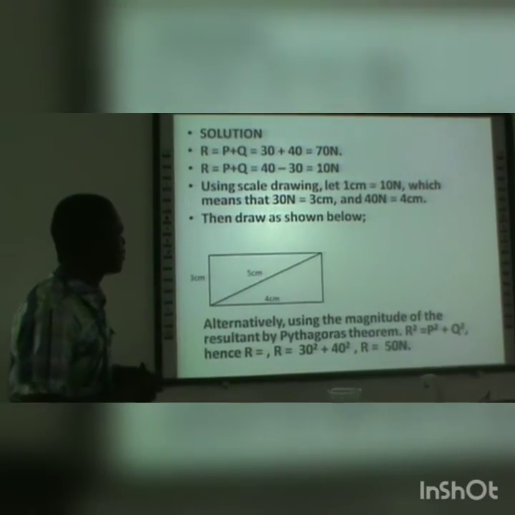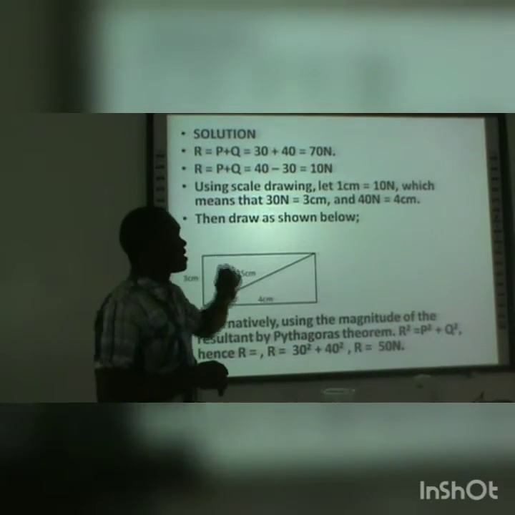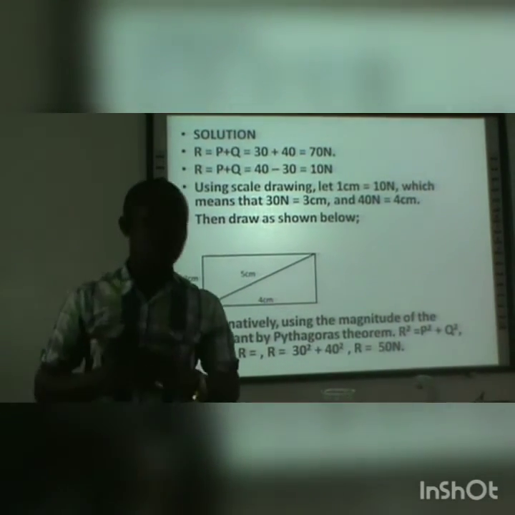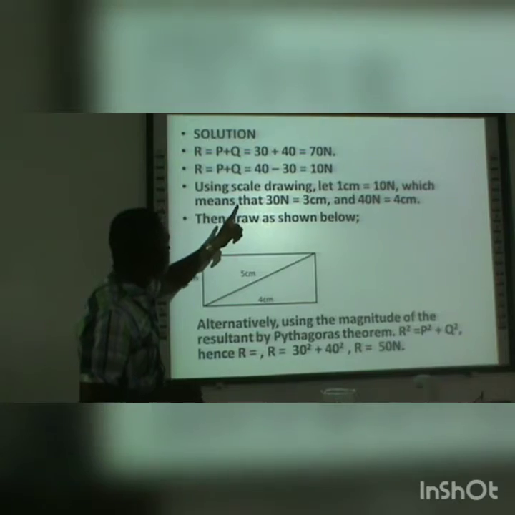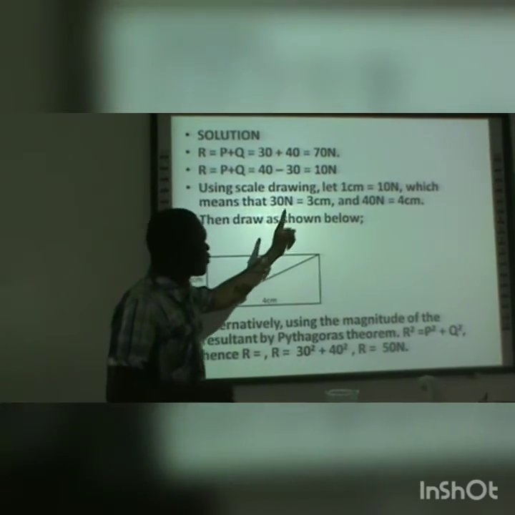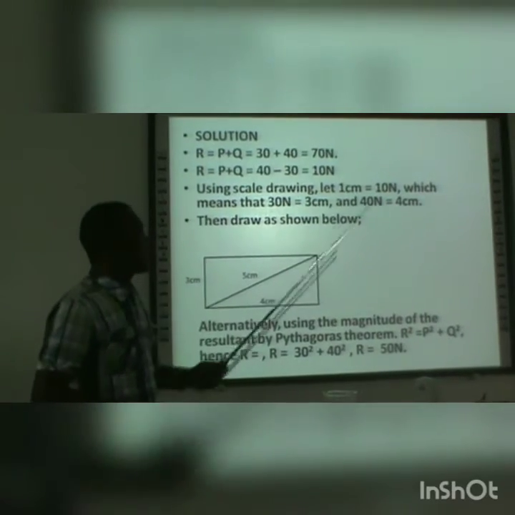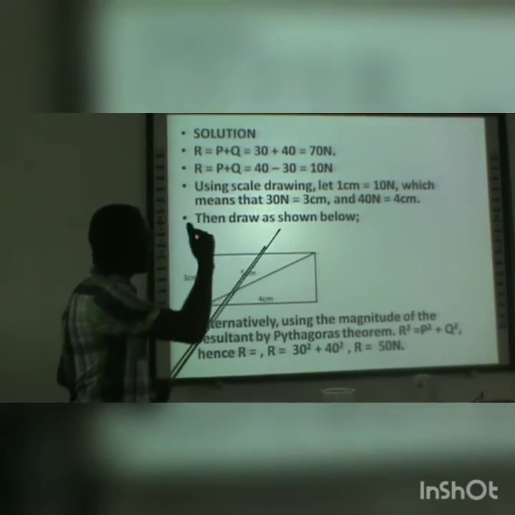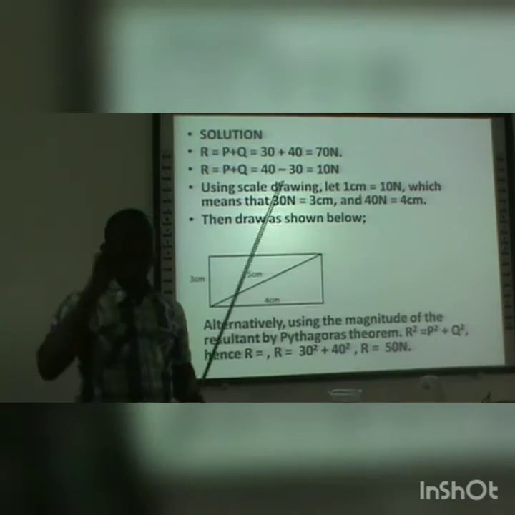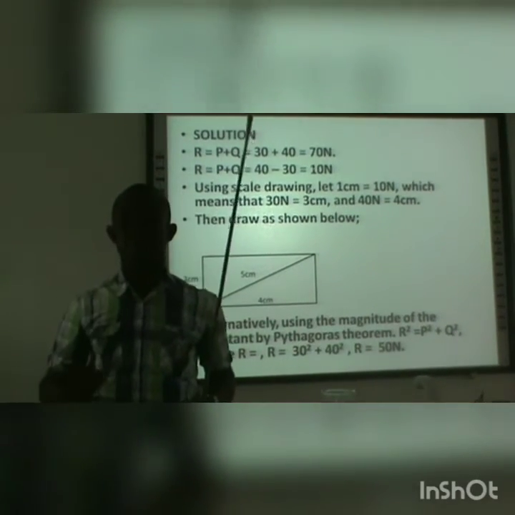Using the scale drawing method, since we have 30 newtons and 40 newtons, you now say, let 1 cm represent 10 newtons, which means 30 newtons will now give us 3 cm.